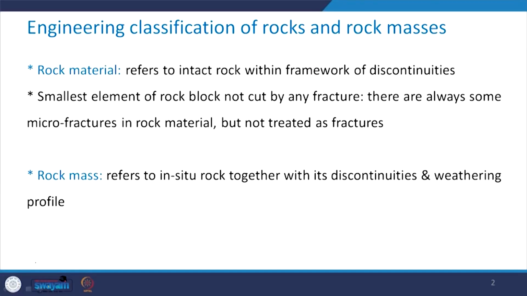Obviously there is always going to be the presence of micro fractures in the rock material, but we have discussed earlier that these micro fractures are not treated as fractures, discontinuities, or joints. So intact rock will not have any joint.